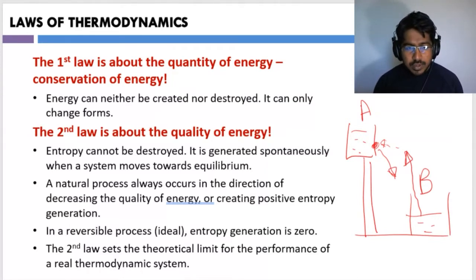In a reversible process, which is the ideal case, entropy generation is zero. Basically, if entropy is the disorder or chaos, and we can do a process in a reversible manner, then the chaos that we create is zero. So let's try to see this one.